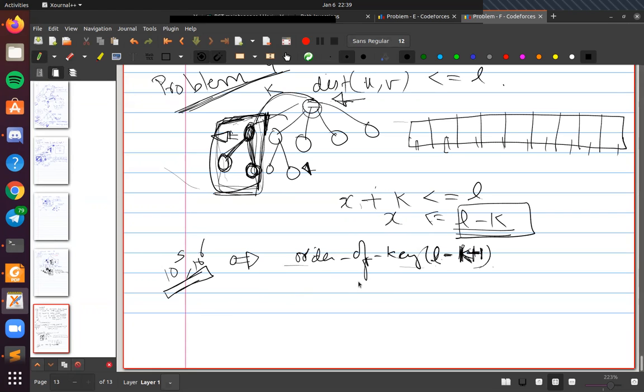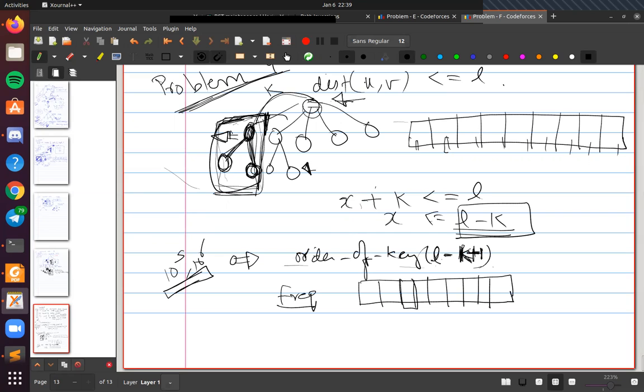What I was saying is, if you want to do it with a segment tree, you just maintain a frequency table of distances. So mark the distances, and count. Increment the frequency of the vertices which are in your subtree. And then for answering l minus k, just take the sum from the start to l minus k.